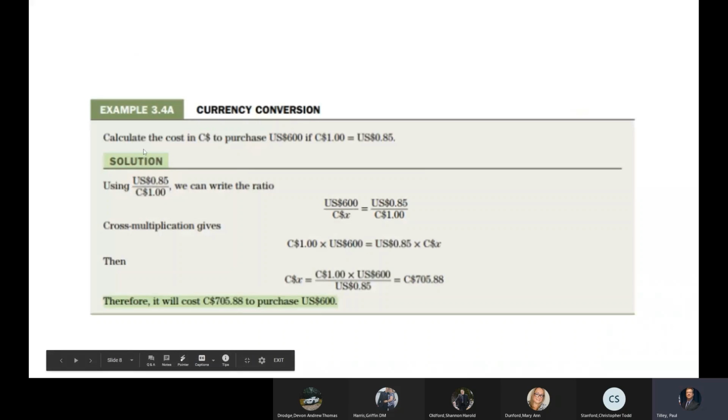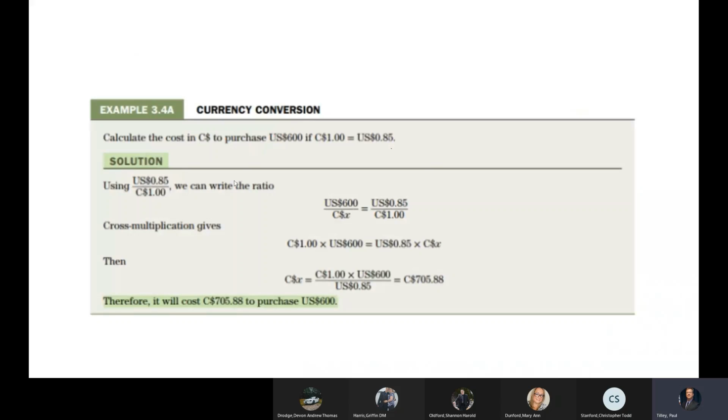Here's another example. Calculate the cost in Canadian dollars to purchase $600 US, if 1 Canadian dollar is worth 85 cents US. Okay? So in this case, it's a 1 to 0.85 ratio. So really, it's 600 US dollars to 0.85.